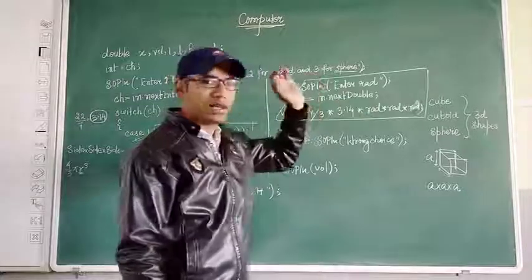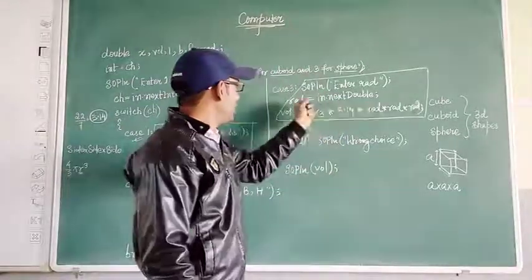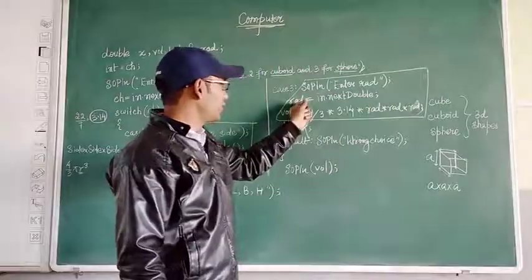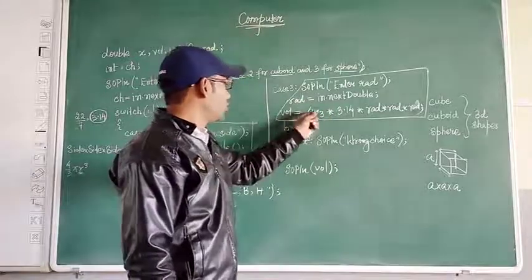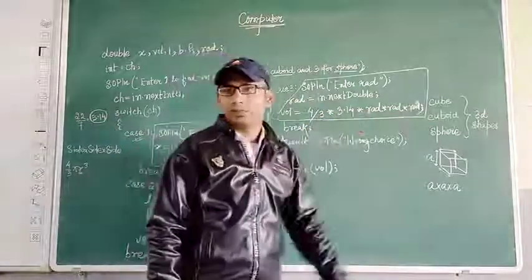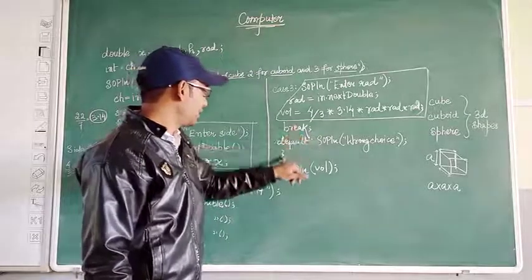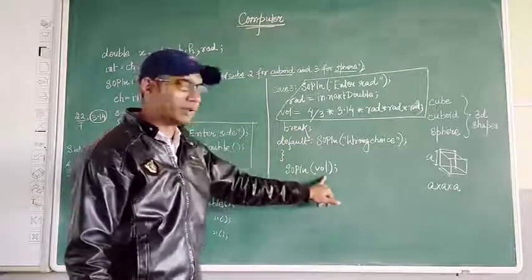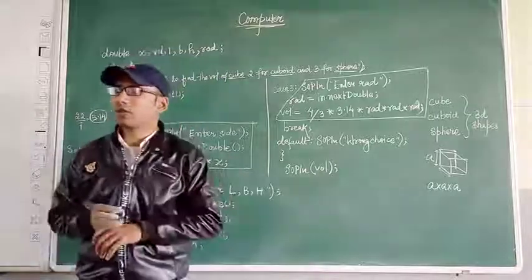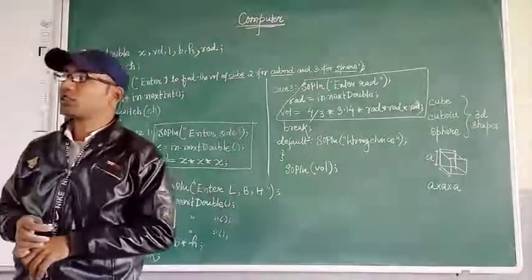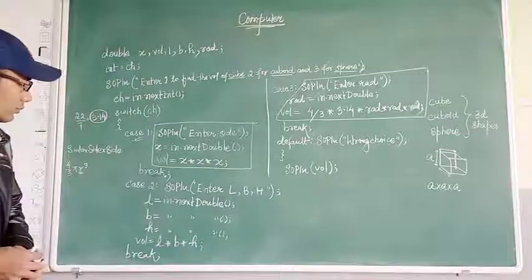As soon as the user enters a value, it will be stored inside radius RAD. After that, volume is equal to 4 by 3 pi r cube. The volume will be stored, then break, that means come out of the boundary, system.out.println volume. Understood? Everybody? Understood? Yes.